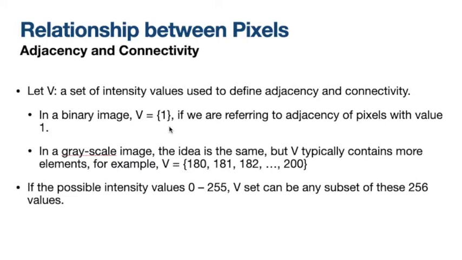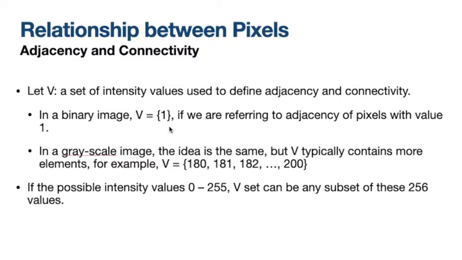Binary image means it consists of only zeros and ones, and if V is taken as the set 1, we are referring to the adjacency of pixels of only the set 1. That means only the pixels with value 1 will be taken to check for adjacency or connectivity.